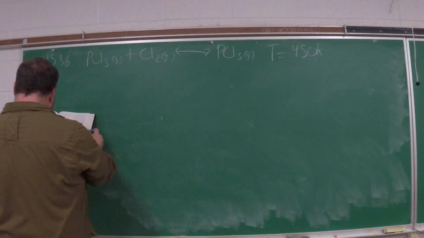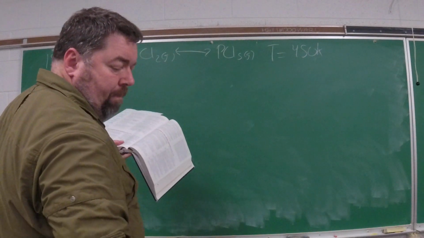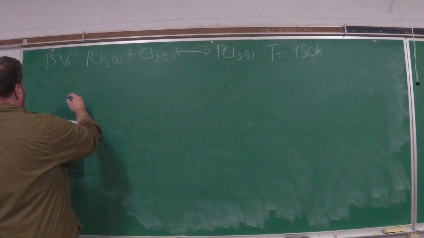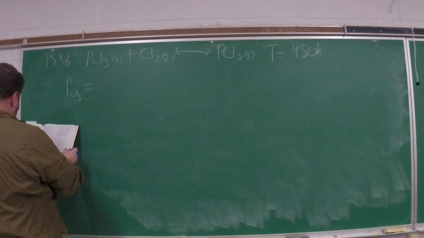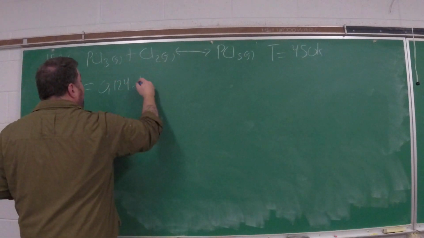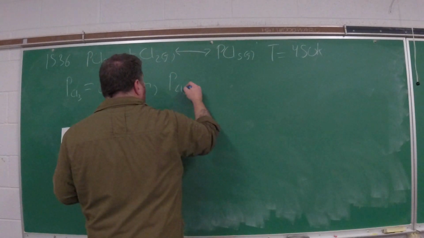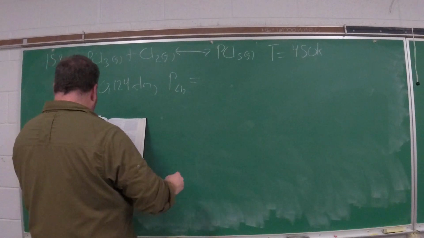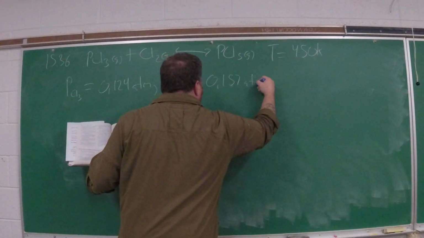So we're going to have PCl3 is going to equal 0.124 atmospheres. Cl2 is going to equal 0.157 atmospheres.